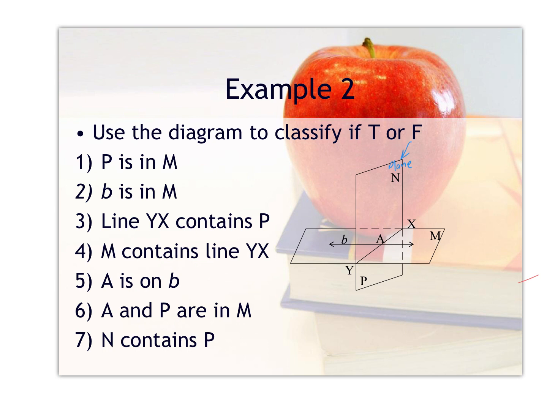Well, because what's missing here is a point that we were supposed to put on. So this was supposed to be point P, this is point A, this is point X, and this is point Y. And then we have plane M here, we have plane N, and we have line B.